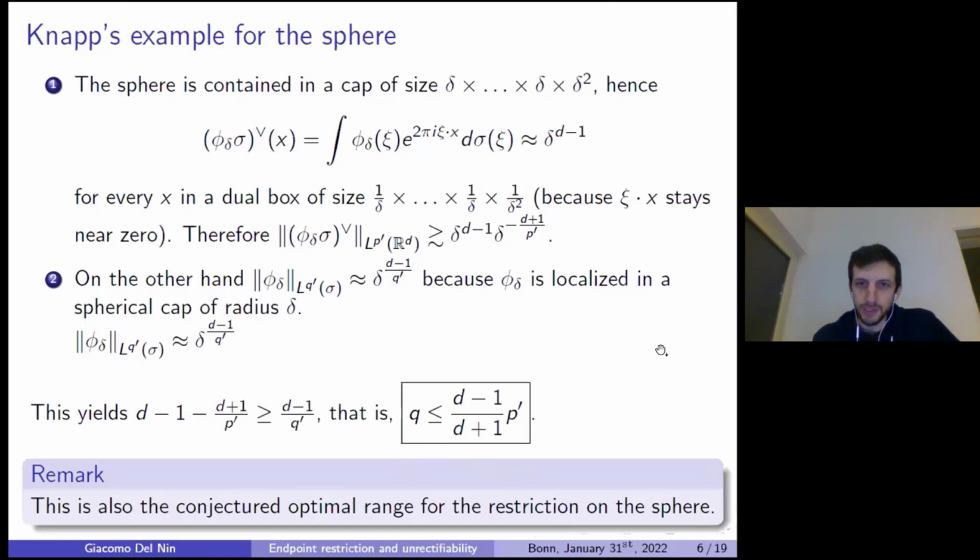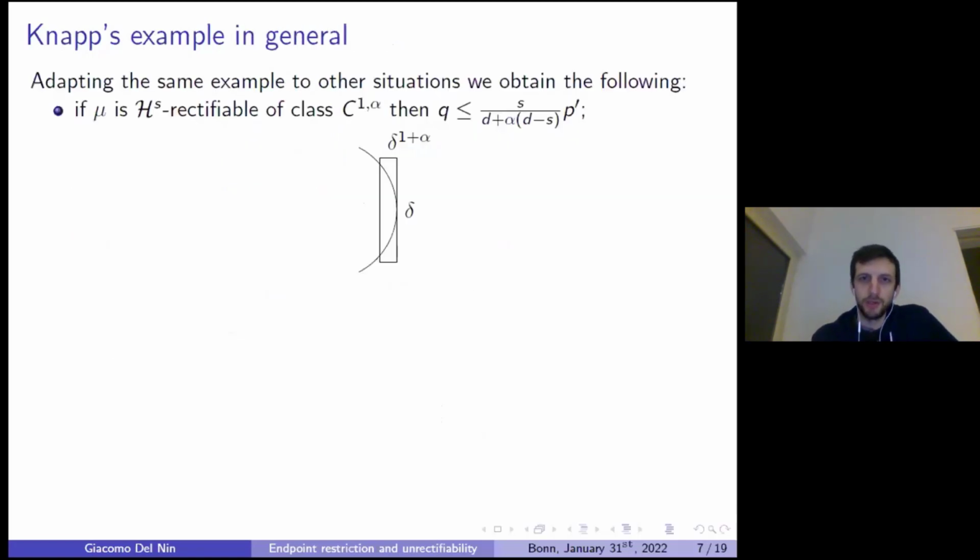Now I want to discuss a slight generalization of this example to other settings that are based on the geometry of the measure. So first of all, we can consider a measure which is rectifiable of class C^{1,alpha}, so it can be covered by countably many graphs of C^{1,alpha} functions.